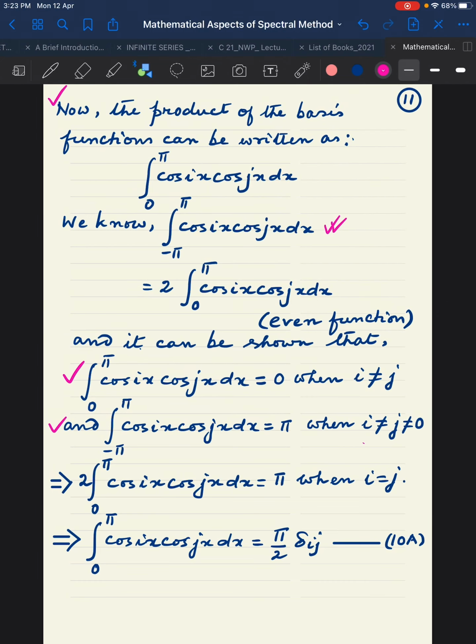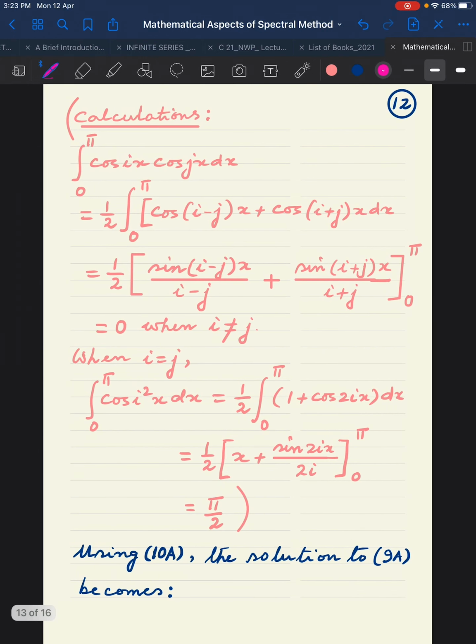You should not write only i equal to j, but which ultimately gives us integral 0 to pi cos ix cos jx dx equals pi by 2 delta ij. The symbols have their usual meanings, and I call it equation number 10a.